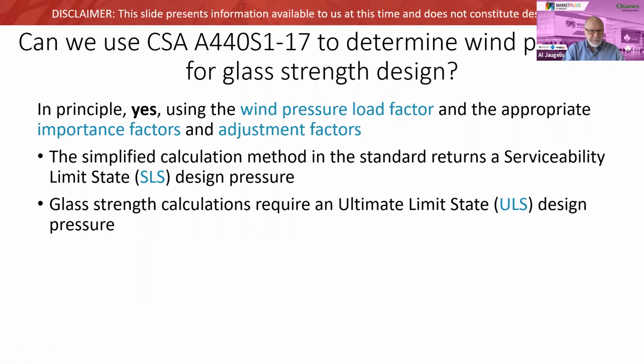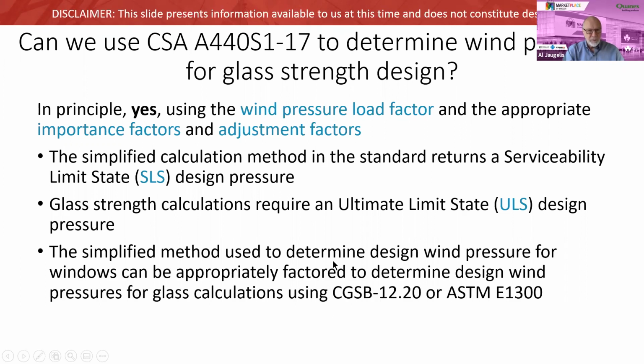So when engineers are designing buildings, they're designing some components to a serviceability limit state and other components to an ultimate limit failure state. And so the Canadian supplement is giving us a design pressure for that deflection analysis, the deflection at L over 175, and that's the pressure we're designing our products to when they need to support glass in service conditions, but we need to design the glass to a higher load for a failure load.